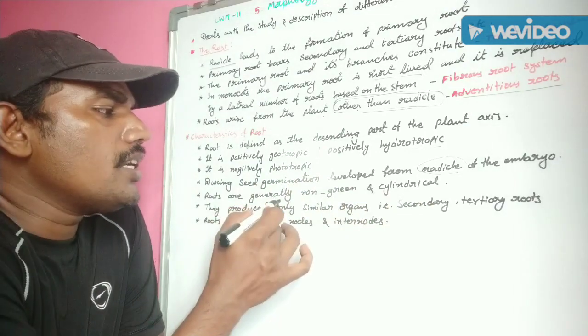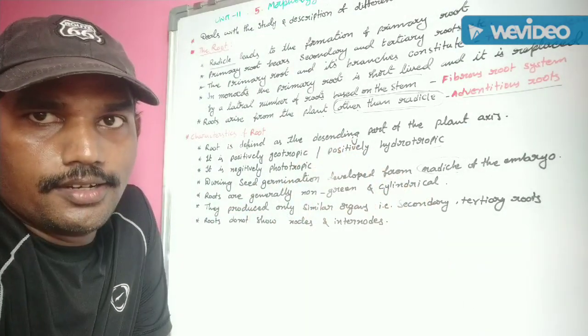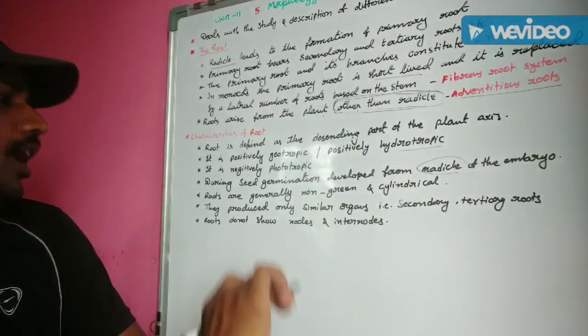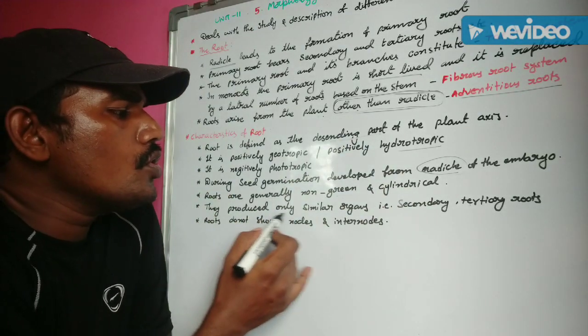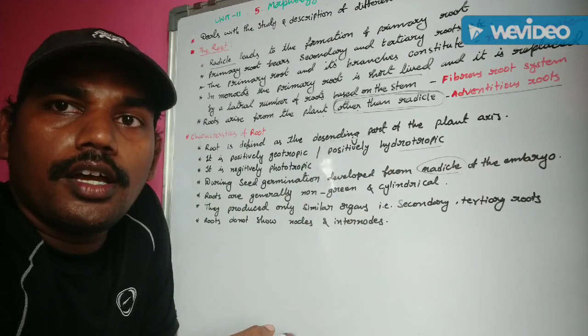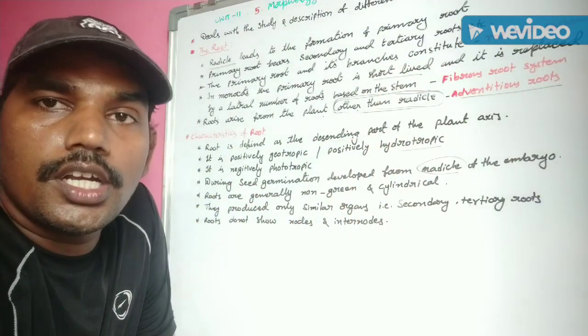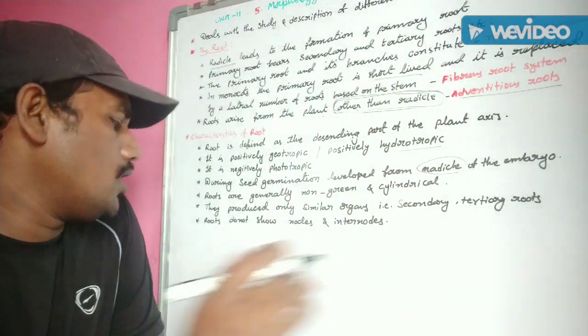Basically, roots are generally non-green and cylindrical. Understand? Another one, they produce only similar organs. What type of similar organs? Secondary roots and tertiary roots.